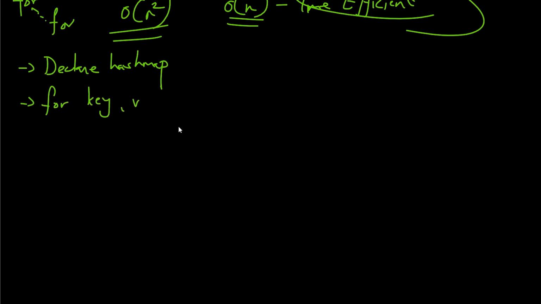So key as well as value for the array that you have. You cannot unpack it using dot items just like a hashmap, so you will have to enumerate. So enumerate the key and the value, essentially the index and the element of the input array.